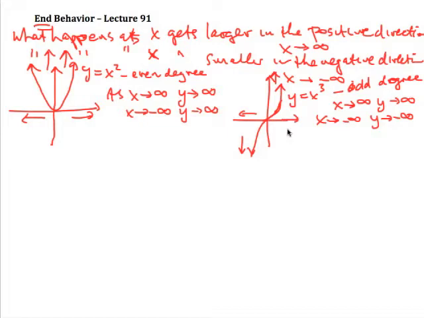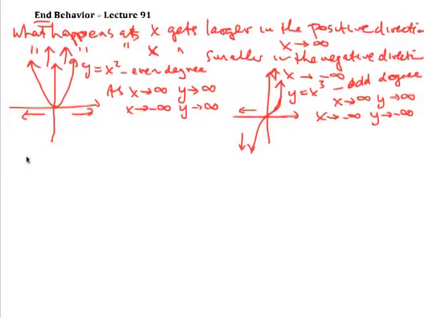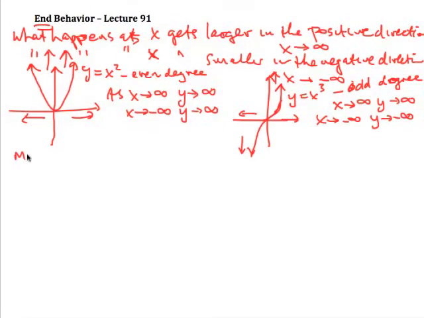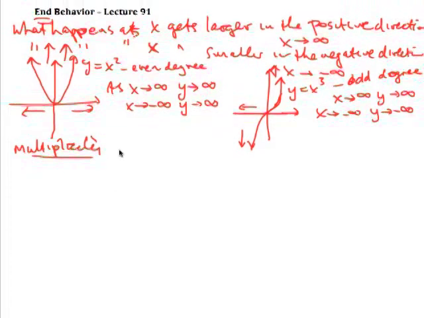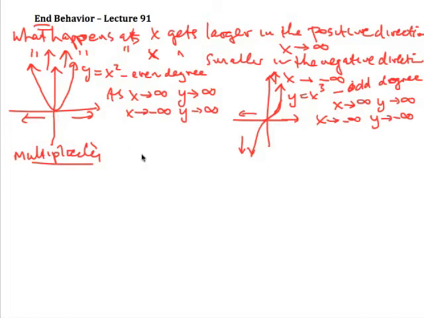Now we want to translate this into higher degree polynomials. And one other thing we want to mention here is to do with the multiplicity. We know that the multiplicity of a polynomial has to do with whether it actually crosses or whether it touches.